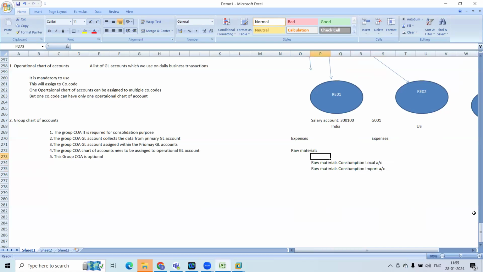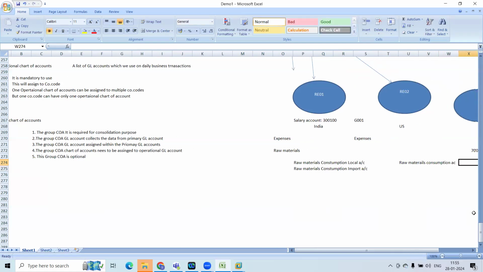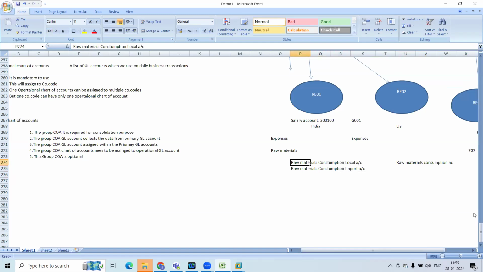But if you come to US, you have only one; there is no segregation of local or import. But here we have segregation. Here some GL account 1000, 1001, and here also 1000 is there, or maybe we have created 1002, since we don't segregate whether it's local or import.